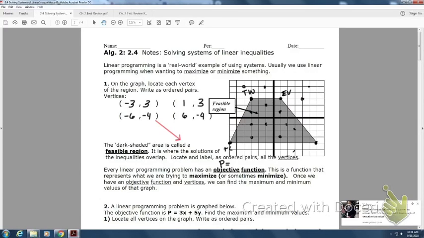All you'll do is take each vertex, plug it into the objective function, and max is the highest number you get, minimum is the lowest number you get. Okay, and you'll see that on the next problem, and hopefully that will kind of fill in the blanks here. So, let's go down there.